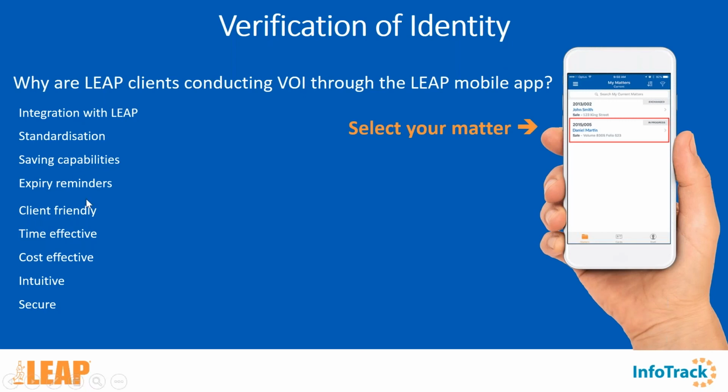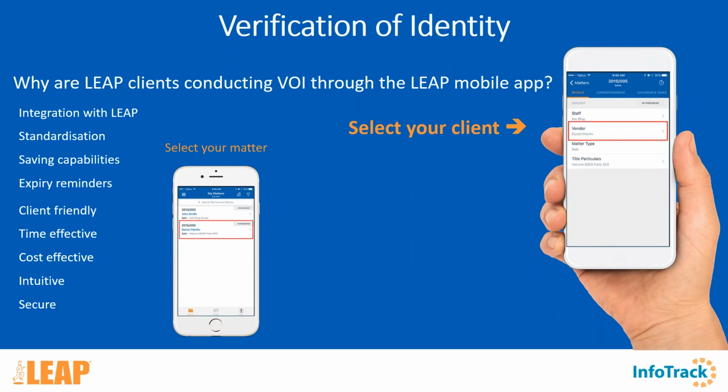I'm just going to run you through a few screenshots that show you how you can verify your clients from within LEAP. So on the right-hand side, you can see that we're in the LEAP app and we've opened up a matter in LEAP and we've got our client Daniel Martin that we need to verify. So it's very easy. Select your matter. From there, within your matter, you'll have your contacts that are relevant to that matter. So we click on the client who we're verifying. In this case, it's Daniel Martin.